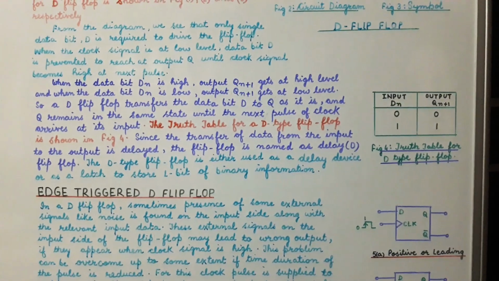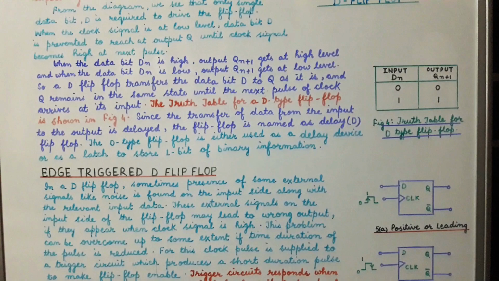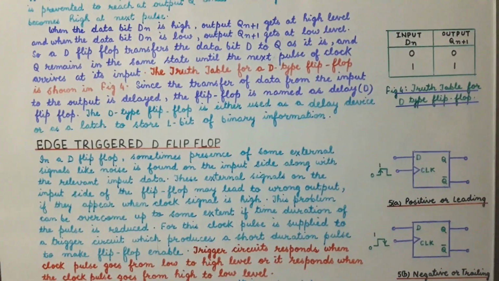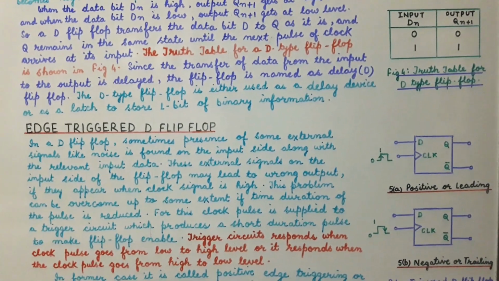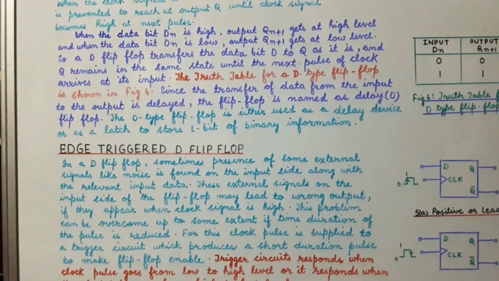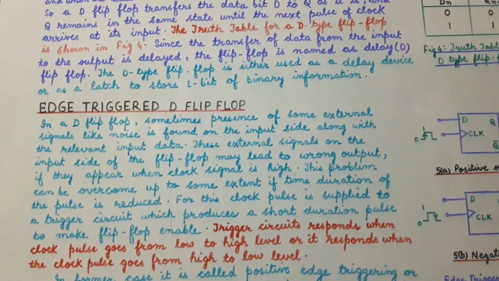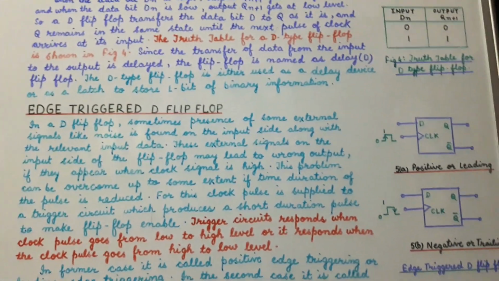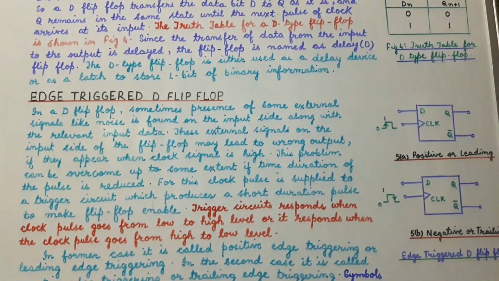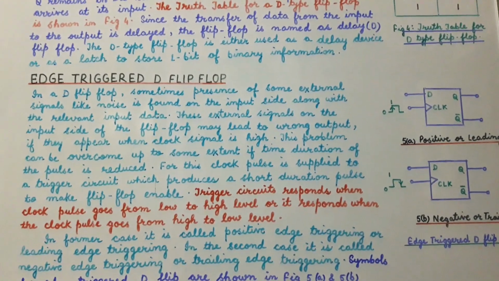In a D flip-flop, sometimes the presence of some external signals like noise is found on the input side along with the relevant input data. These external signals on the input side of the flip-flop may lead to wrong output if they appear when the clock signal is high.